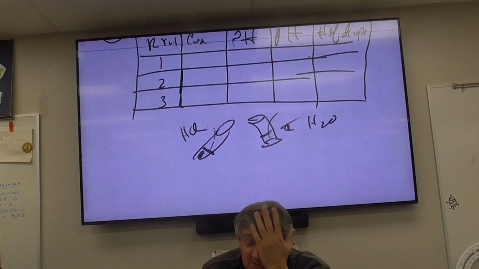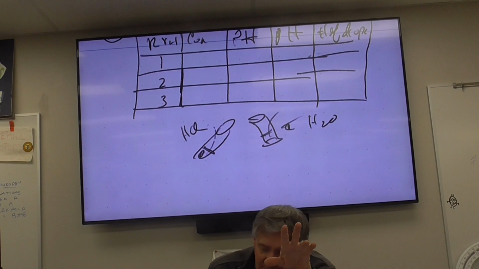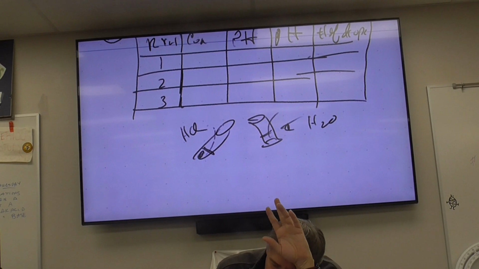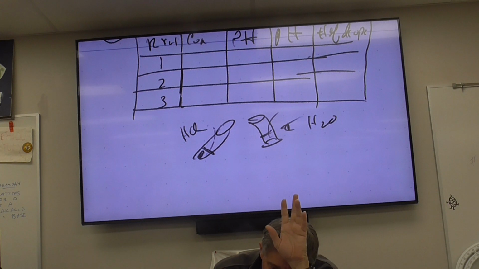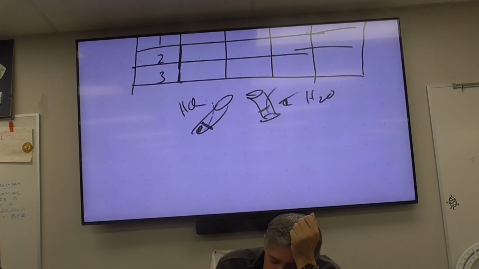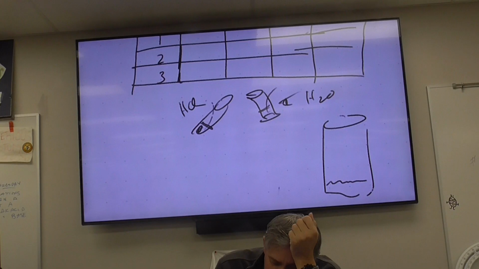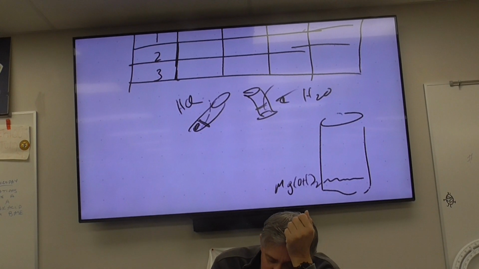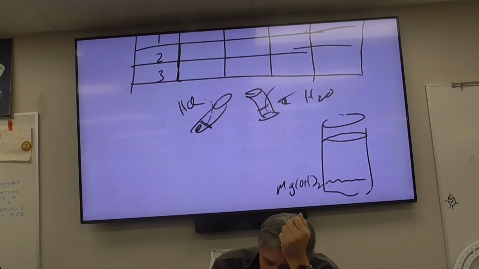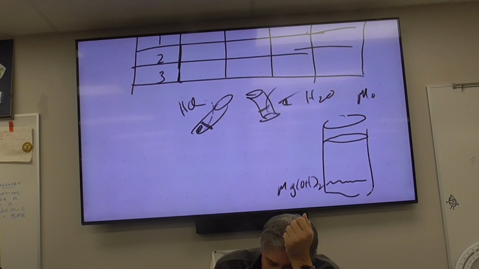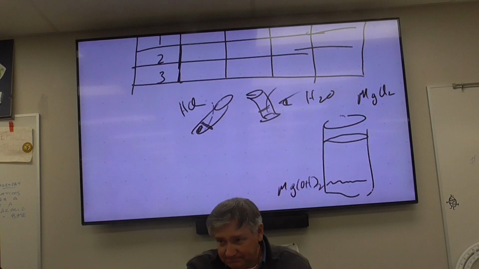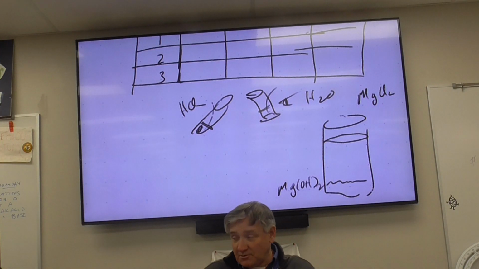So now, here's what's supposed to happen. Okay? I hate to bias you, and about 90% of the time, it works like it should. But sometimes it doesn't. So here's the test tube, and you've got this precipitate of magnesium hydroxide down here. And to this water up above, you're going to add some magnesium chloride, which is soluble because it's a chloride, and all chlorides are soluble except for silver and lead.